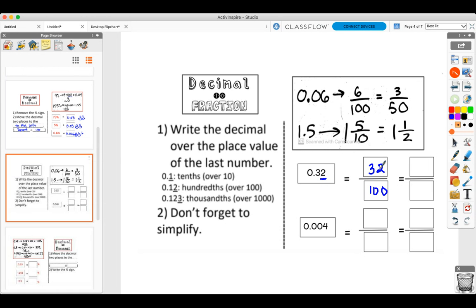I know that 4 goes into 32 and 100, so I'm going to divide by 4. 32 divided by 4 is 8, and 100 divided by 4 is 25. Ask yourself, is there another number that goes into 8 and 25? The only number that goes into 25 is 5, and that doesn't go into 8. So this is your answer.